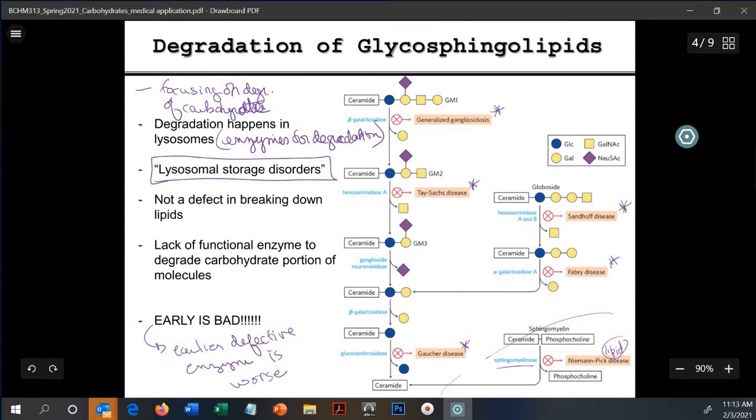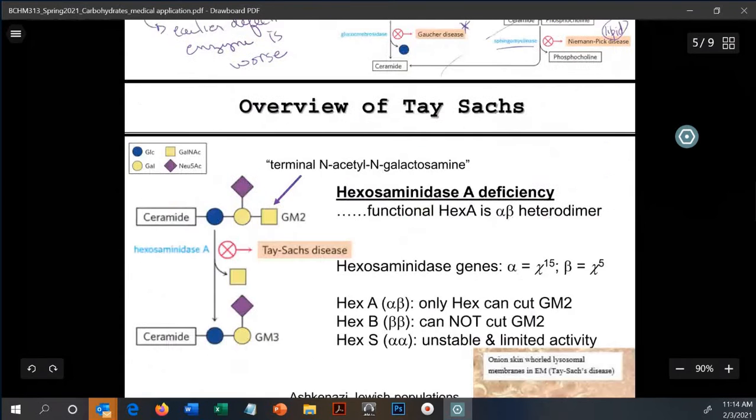Right? So if you have a problem with an enzyme early in the pathway, and we're going to focus on hexosaminidase A here for Tay-Sachs disease, that's going to be a worse progression than a defect with an enzyme later in the pathway. So let's move on and look at the next slide here.